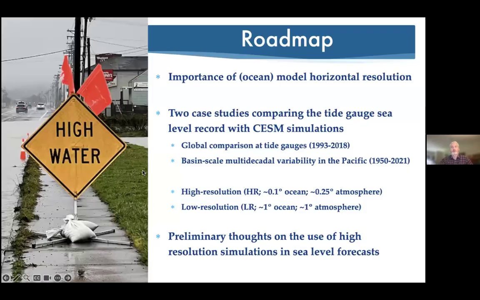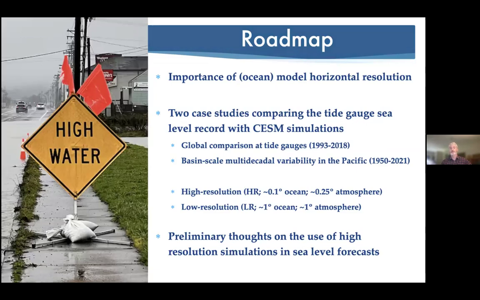Okay, so the roadmap today is going to highlight the importance of ocean model horizontal resolution, and the reason why we want to think about horizontal resolution in global models when we're thinking about sea level prediction and understanding the historical record. I'm then going to go into two case studies, showing two very different aspects of how high resolution models influence coastal sea level variability.